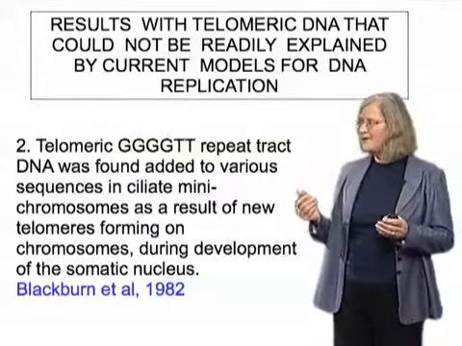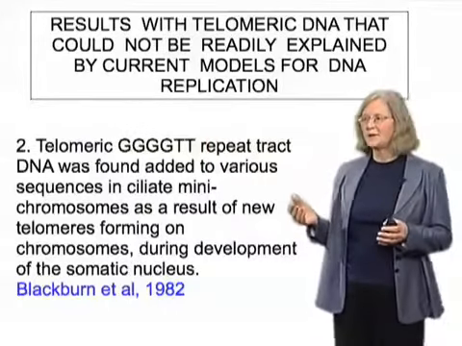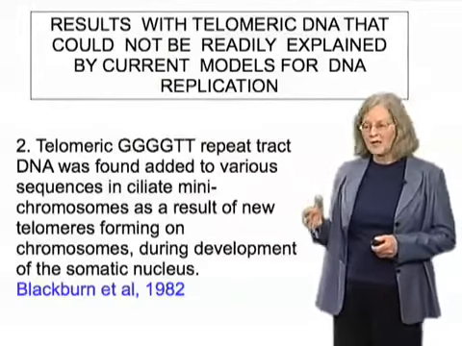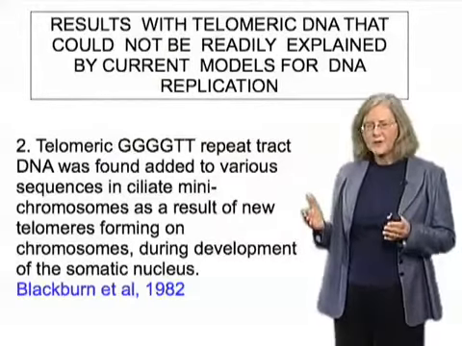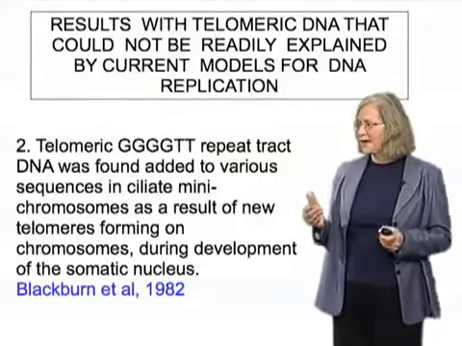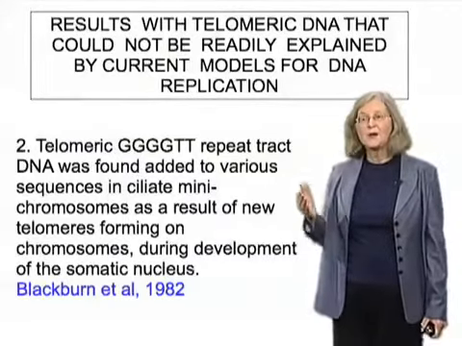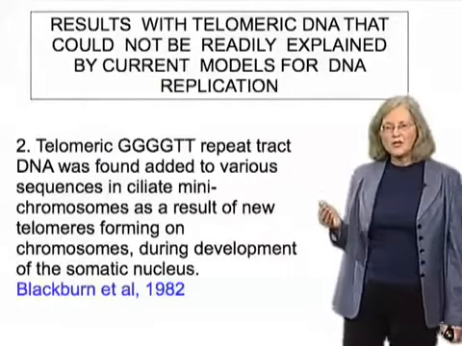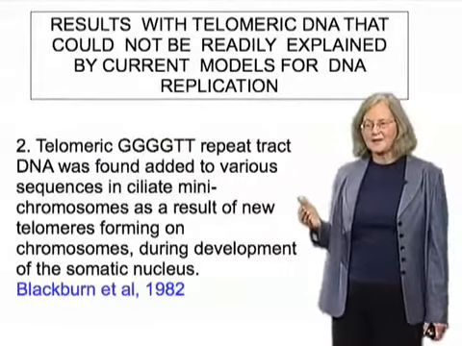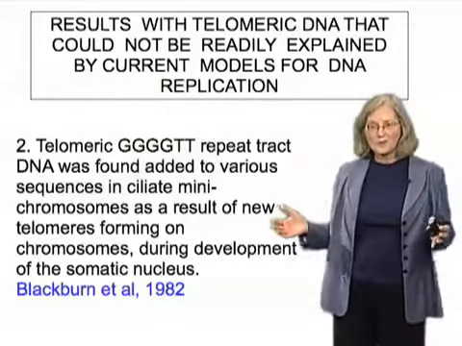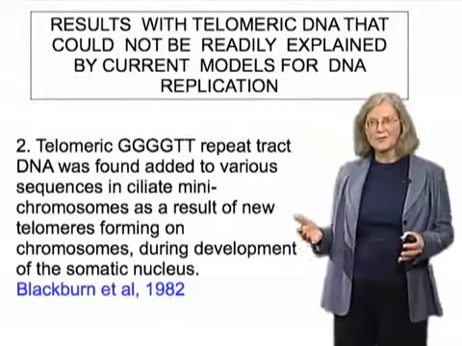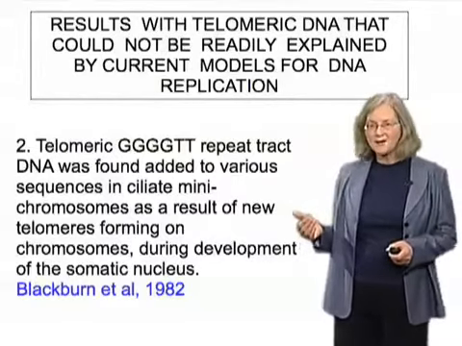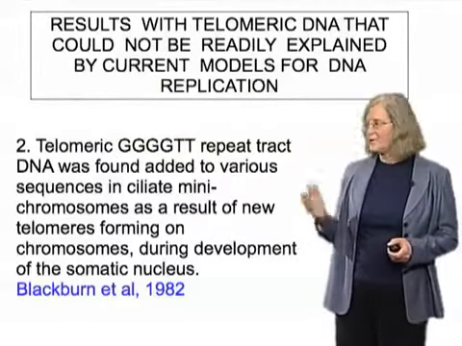The Tetrahymena cells go through a life cycle stage where they have a somatic nucleus which undergoes developmentally controlled fragmentation. And fascinatingly, telomeric DNA sequences were added directly to those freshly formed DNA ends, making from longer chromosomes a series of shorter mini-chromosomes. How did that telomeric DNA get added to the ends? It wasn't clear.